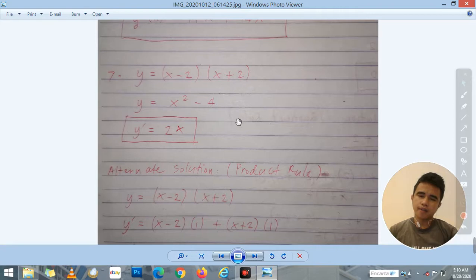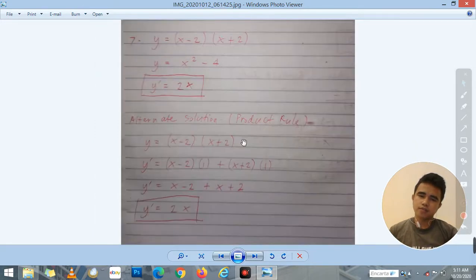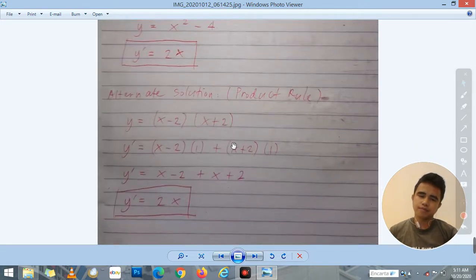And applying the derivative, we have a derivative of a difference. This term gives us 2x minus derivative of the constant is equal to 0. So our final answer is equal to 2x. We have y prime, or derivative of y is equal to 2x. Then alternate solution, applying product rule.